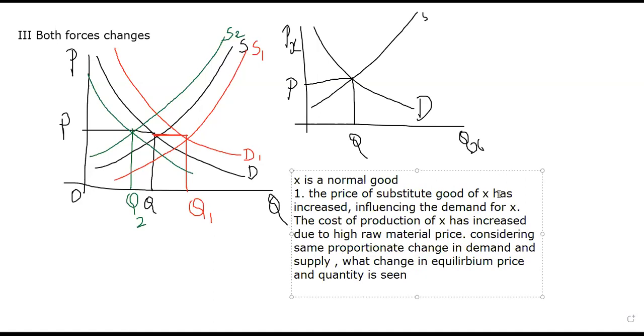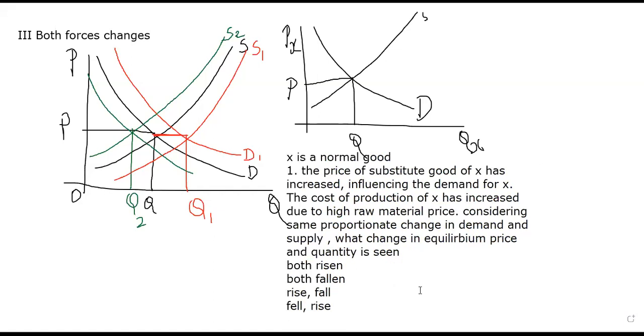You have to tell whether both have risen, both have fallen, price rose but quantity fell, price fell or quantity has risen. This is the situation. Please try to graphically visualize the situation and give the answer.